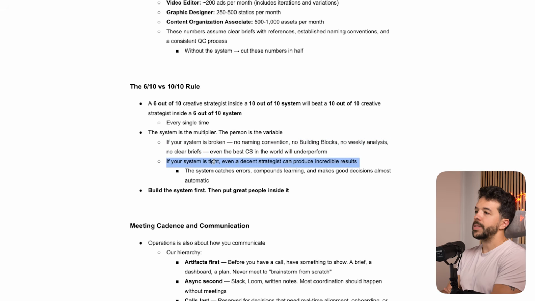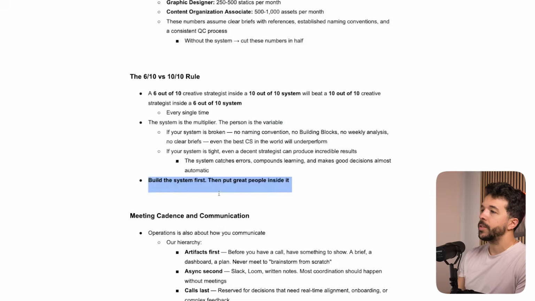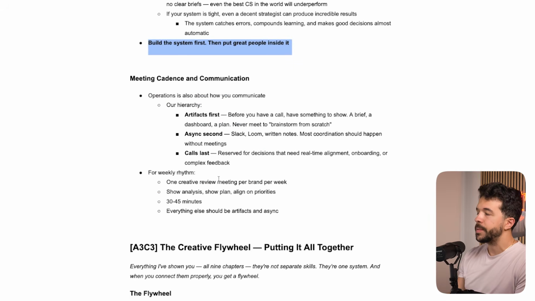And if your system is tight, even a decent creative strategist can produce incredible results. And I've seen this again and again and again with agencies, with 9-figure brands. I've seen it all over. So what you want to do is build a system first and then put great people inside it. And just based on this full course, you have plenty of information to create your system.